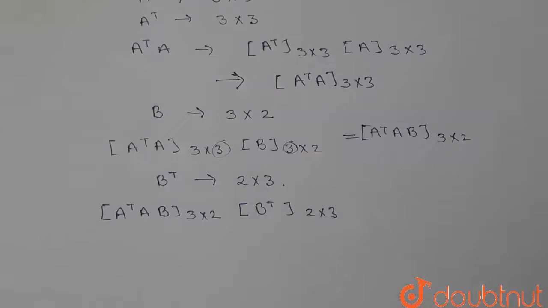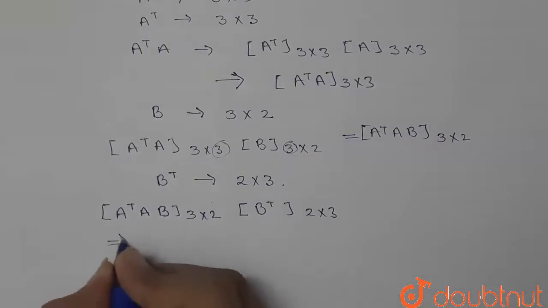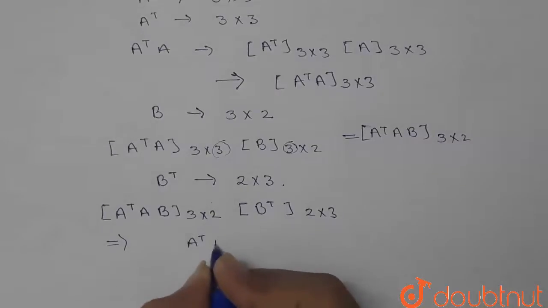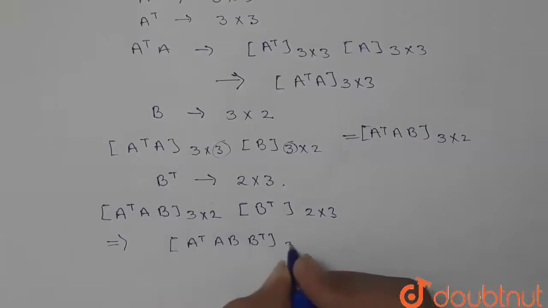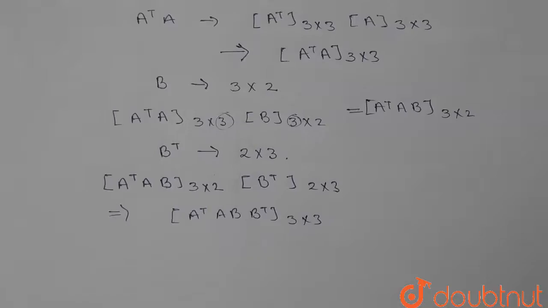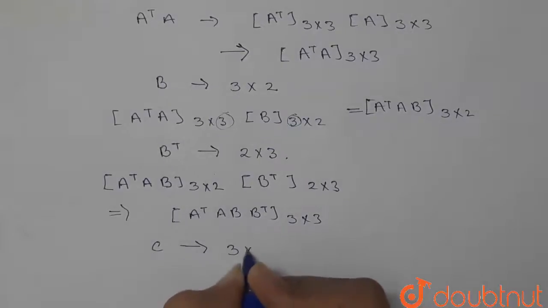So we can see the number of columns in this and the number of rows in this are same. That means the resultant matrix A transpose into A into B transpose will be of order 3 cross 3. Now I am multiplying the C matrix according to the condition of the question. C matrix has order 3 cross 1. Now I am multiplying it here.